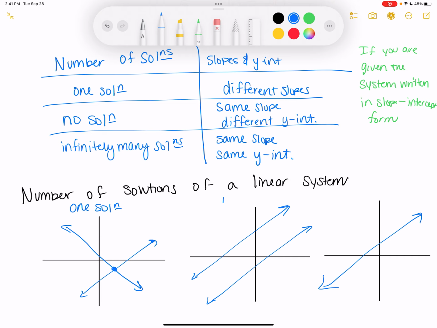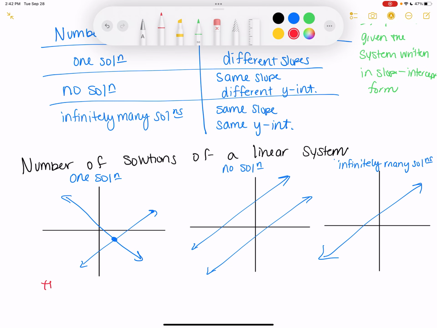Like the second one, there's no solution. Those are parallel lines. In the third one, it would be infinitely many solutions, because it would be the same line stacked on top of each other.